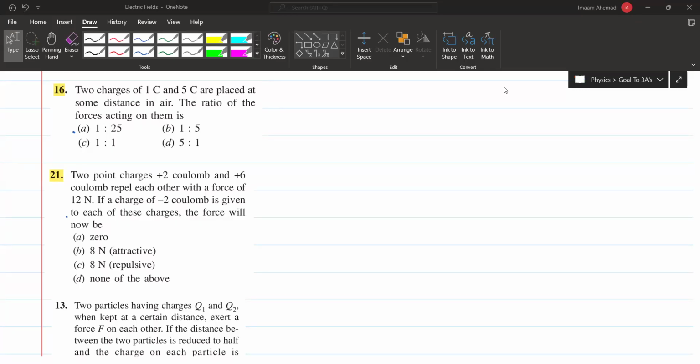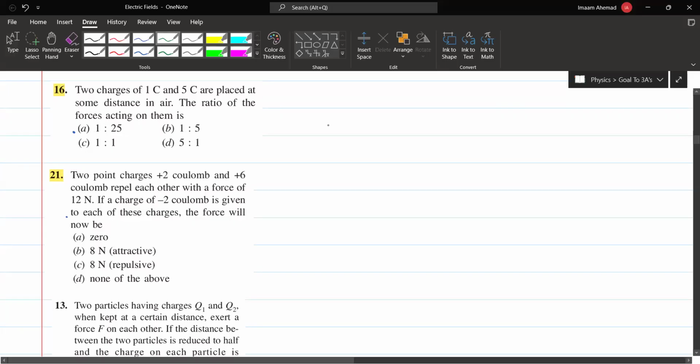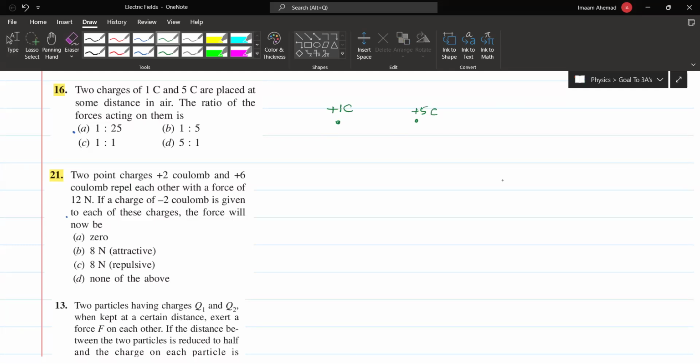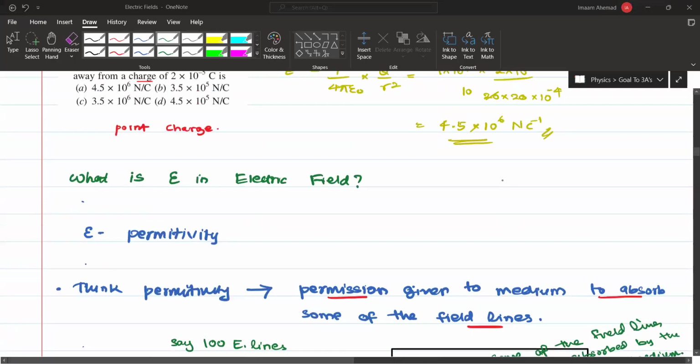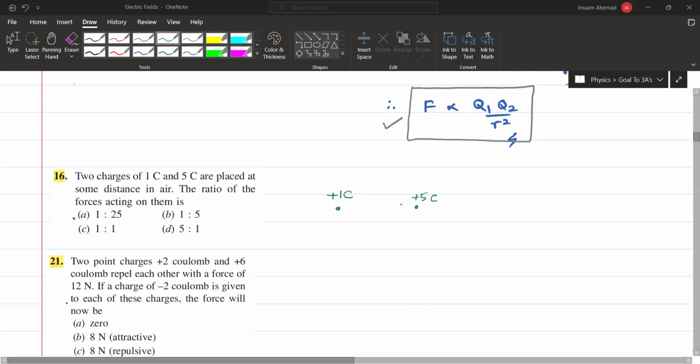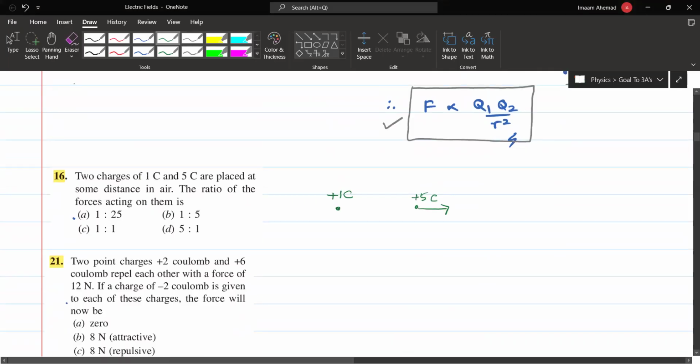I will reply. Okay, let's look at question number 16. When we have two charges, plus 1 coulomb and plus 5 coulomb, we will have forces on them, right? As I mentioned earlier, these are action and reaction pairs. Therefore, irrespective of the charge, both the forces will be equal. Why?